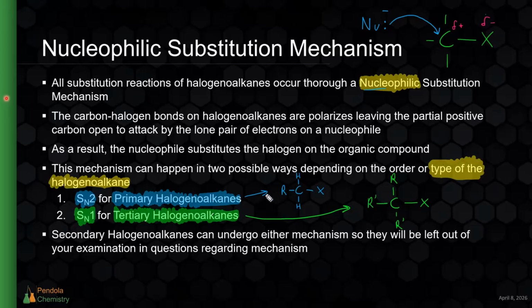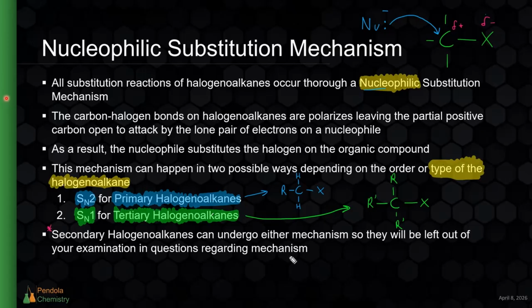So depending on whether the halogenoalkane is primary or tertiary, we will get a different mechanism happening, either SN2 or SN1. We're not going to ever get a question regarding secondary halogenoalkanes, because secondary halogenoalkanes can undergo either mechanism, and so it's a little more advanced to figure out which mechanism they undergo.